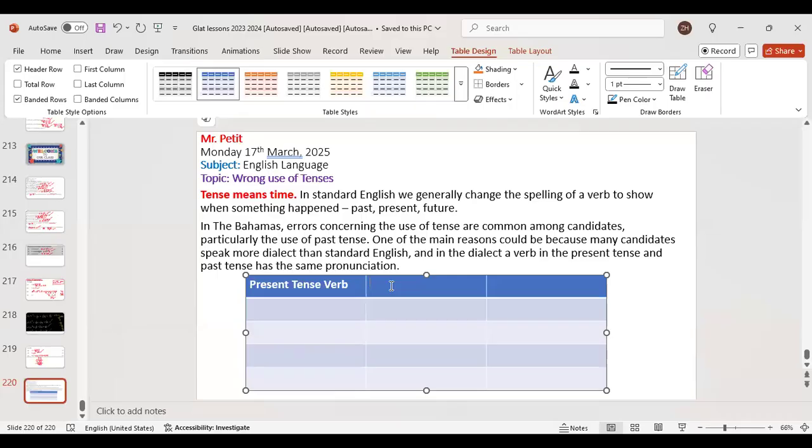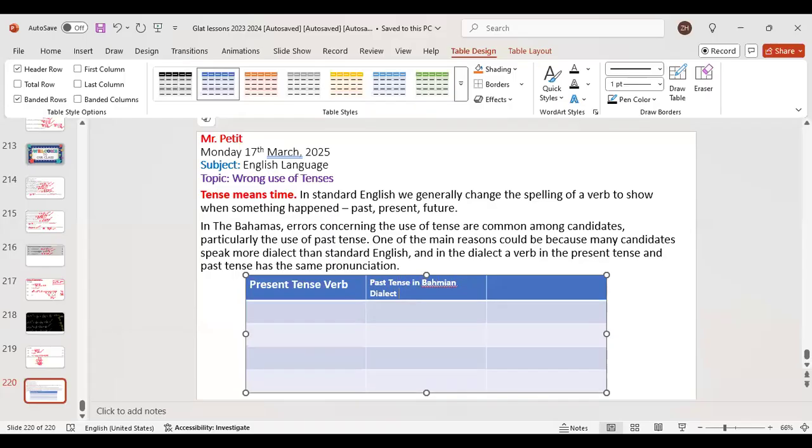And you have present, past tense in Bahamian dialect. Past tense. Will the word "by" be in this? There's a high chance. Past tense in standard English.